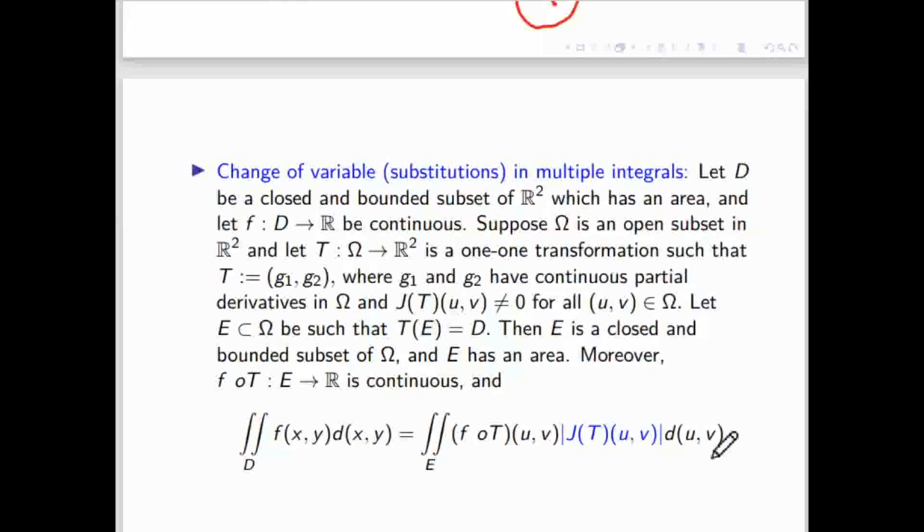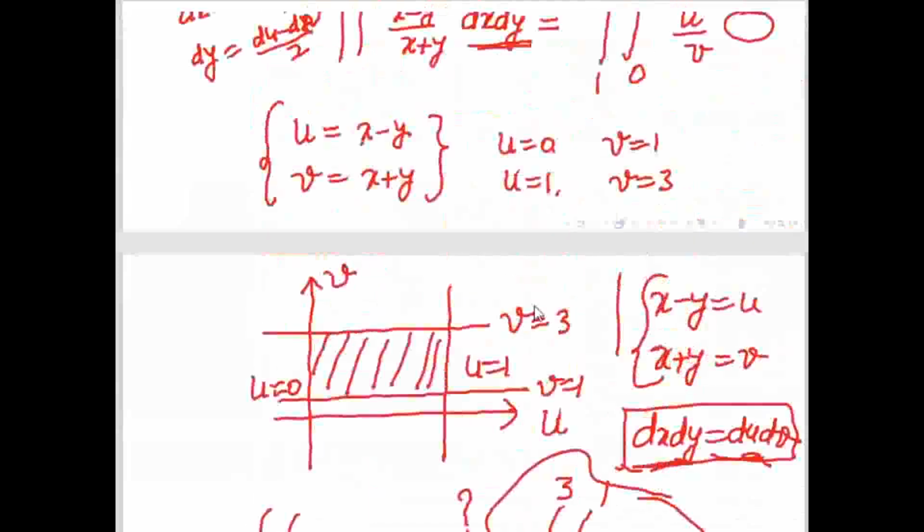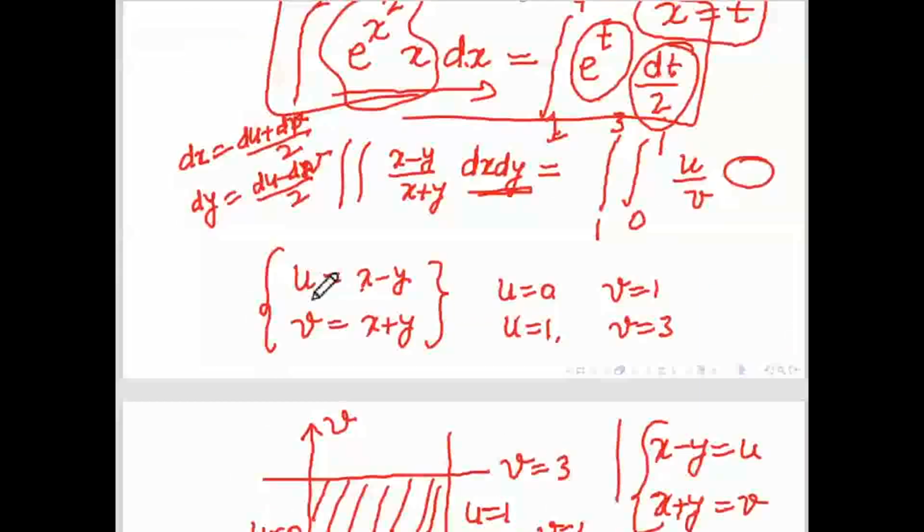Now if you see the question, the first thing you have to remember is that this Jacobian should not be 0, because if the Jacobian is 0, then this change of transformation is not valid. The meaning is that here u equal to this and v equal to x plus y, then you cannot reverse back.